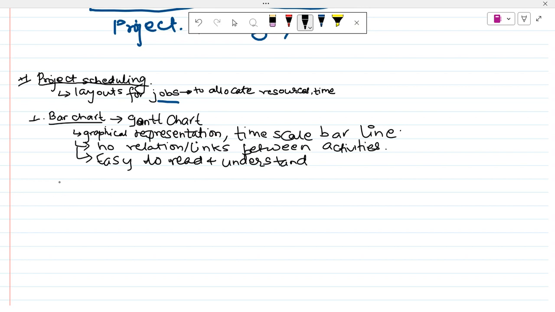So, what are the general steps for generating a bar chart? The first step is to list the project activities and the duration of each activity. We define the start and end of each activity, and we plot them.